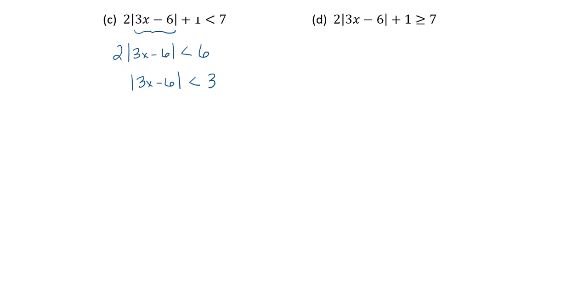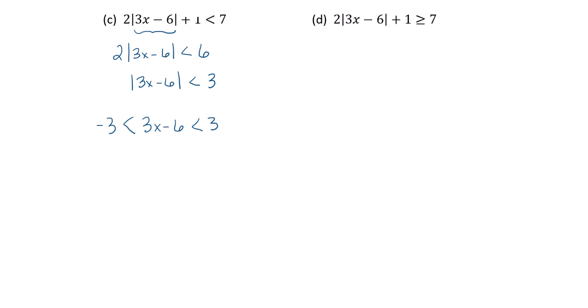Now, I have one of those expressions where I have the absolute value is less than 3. It's going to be less than 3 away. So somehow this expression is less than 3 but greater than negative 3 in order to keep it within 3 from 0. From here we have a compound inequality to solve.